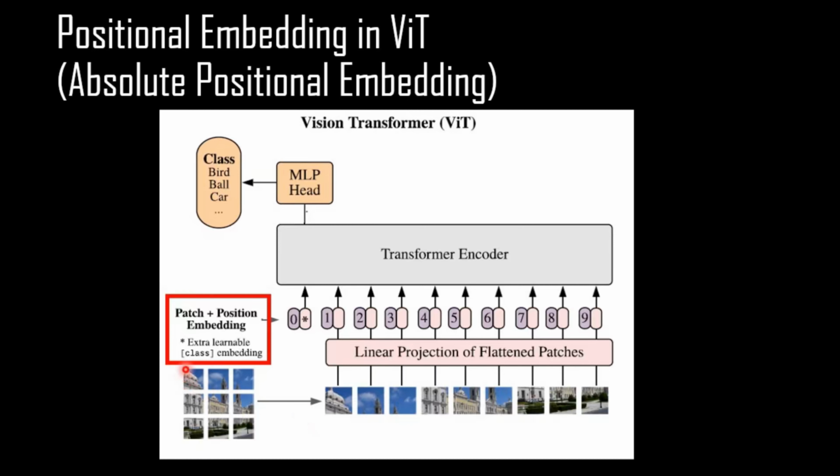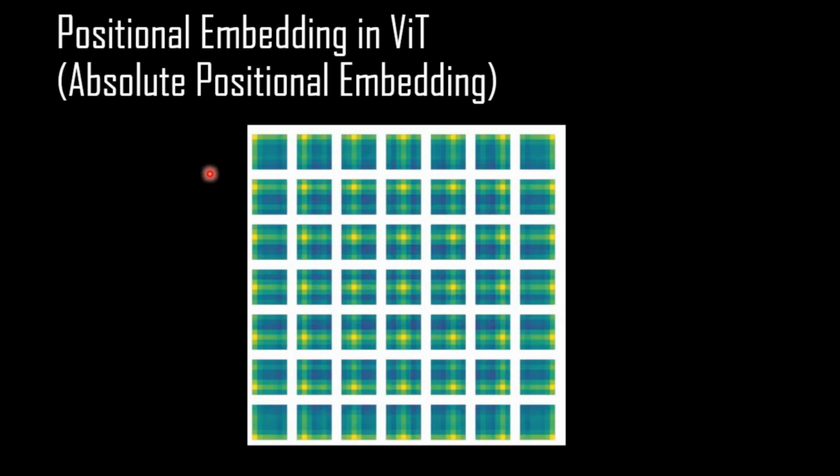For example, this patch is a top left patch, and this patch is a down right patch. So we need one mechanism to record the position of the token. That is why we are using a positional embedding. And for ViT, they use absolute positional embedding. Let's look at that. That somehow looks like this.